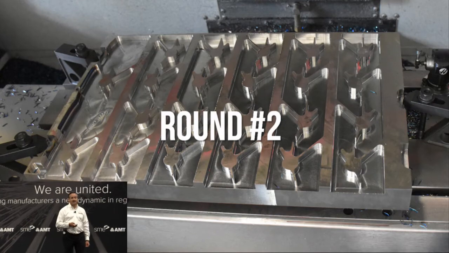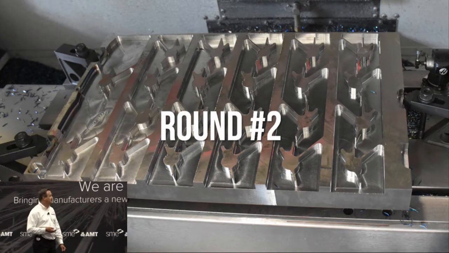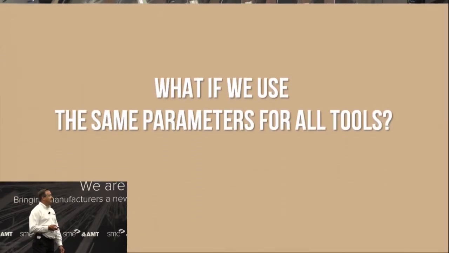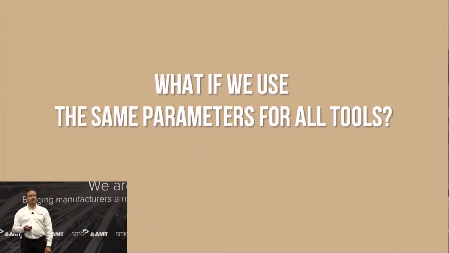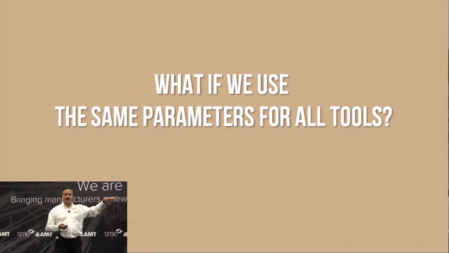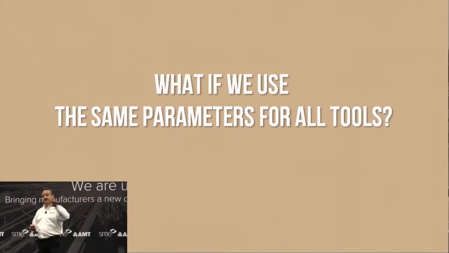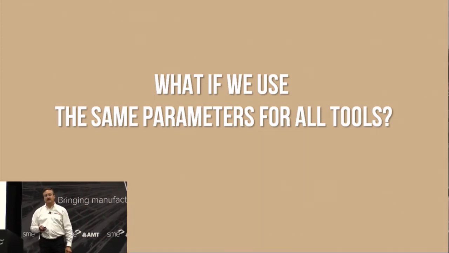So, off to round two. Playing down a piece of D2, start all over. And what if we use the same parameters for all tools? So we're going to be running a tool that was typically somewhere in the 400 surface footage range all the way down to 300. Of those last 3 tools, we're going to be running that at 600 surface feet.